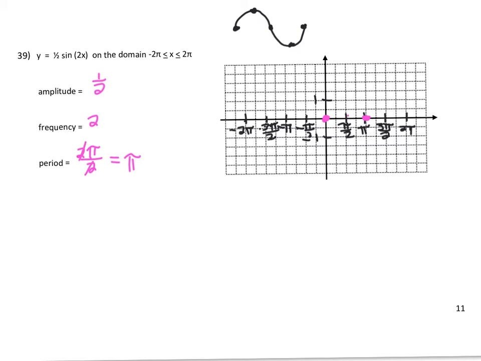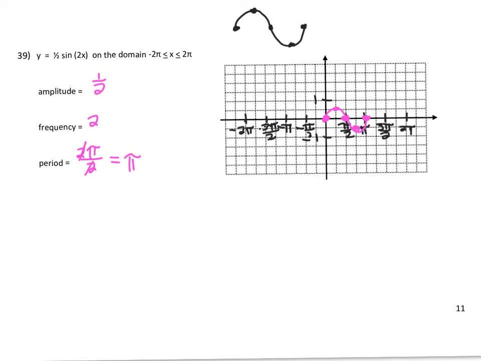So I'm going to put a point right here. We know halfway between these 2 points, we're going to be at a maximum, which in this case is 1/2. So I'm going to go up to 1/2 and put a point. And then halfway between these 2 points, we're going to be at a minimum, which is negative 1/2. So this is really our first cycle. If you want to connect it now, you can.